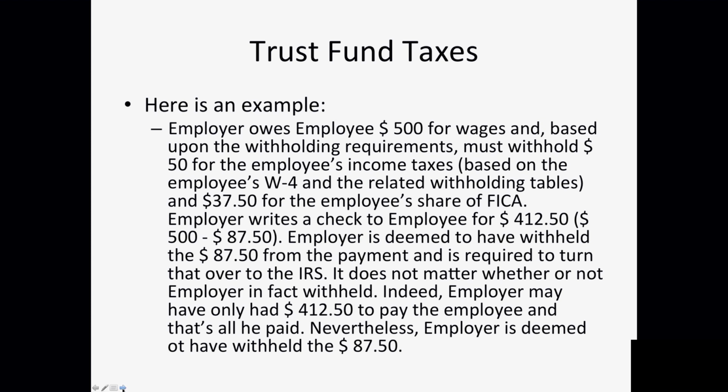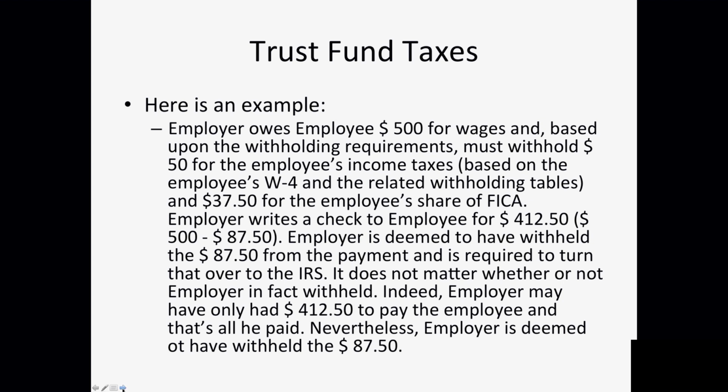What would happen in this case is that the employer writes a check out to the employee for $412.50. The employee, of course, gets the check and is surprised to see that the full $500 isn't there and that he or she is missing a substantial amount.